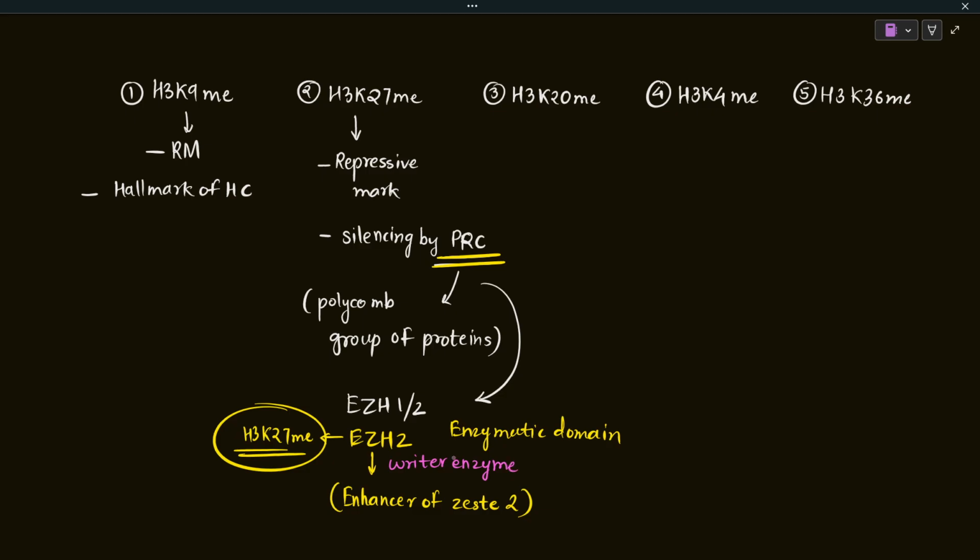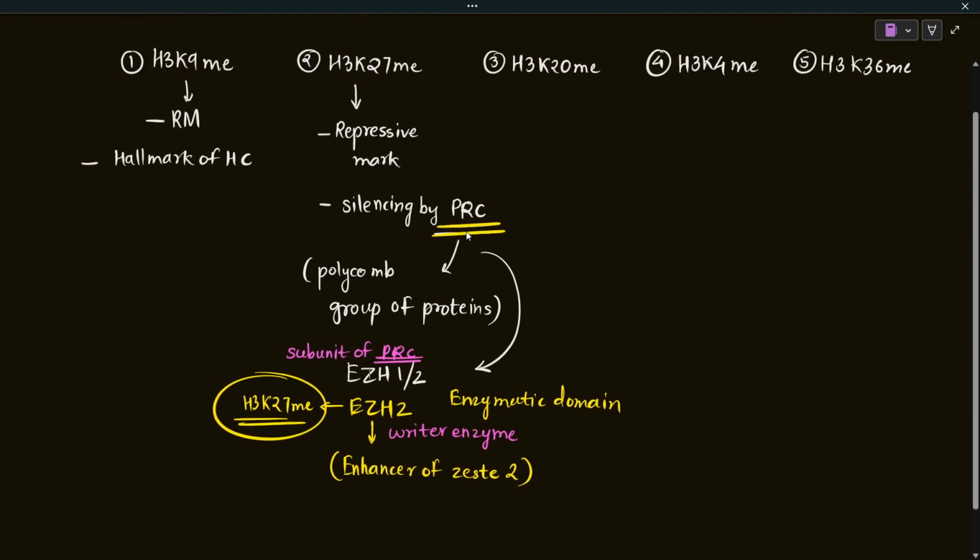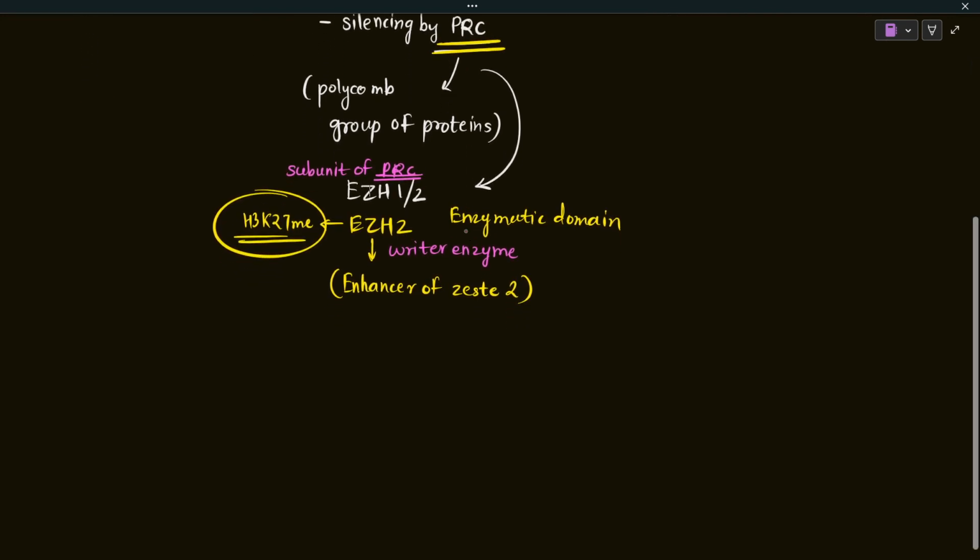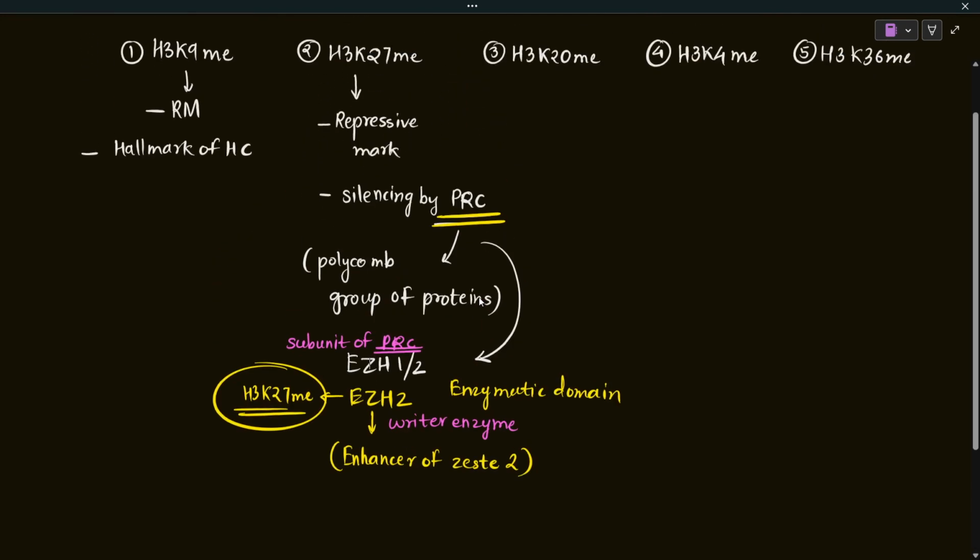This is a subunit of the PRC2 complex, and this subunit does the methylation of the 27th lysine residue. That is why the PRC2 polycomb repressive complex silences the gene.